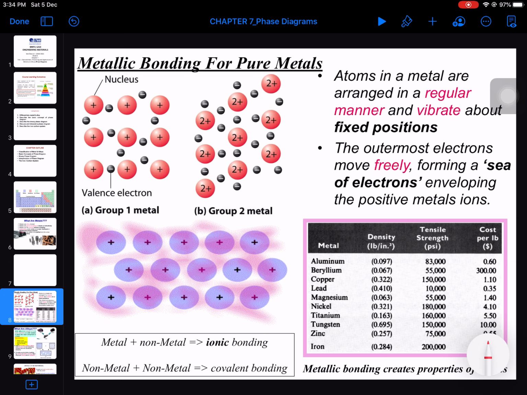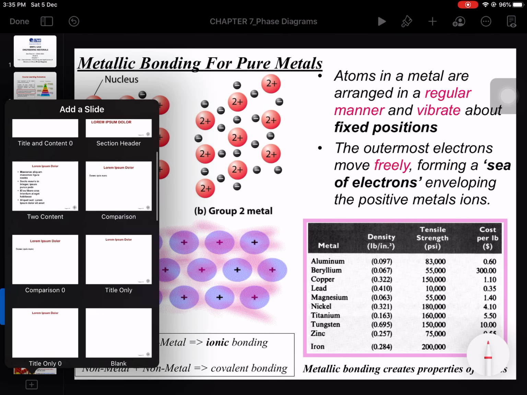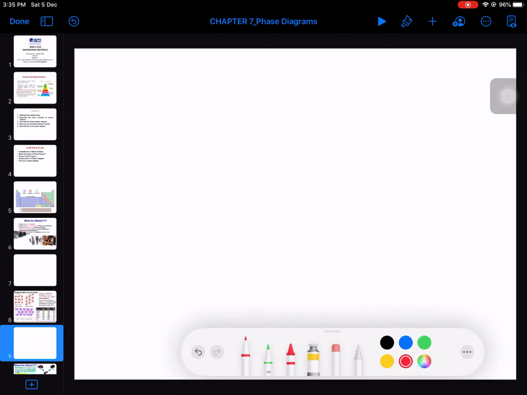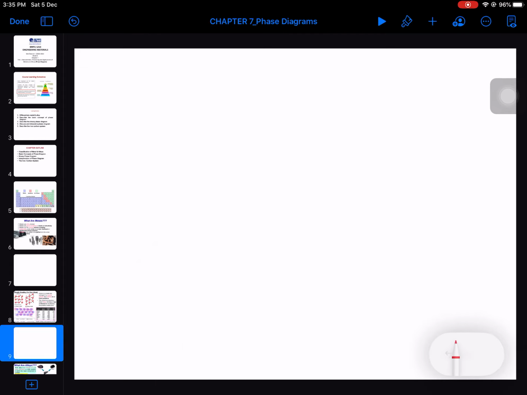Now let's have a look at the next slide, on the metallic bonding for pure metals. From chapter 2, we already learned about the few types of primary bonding.